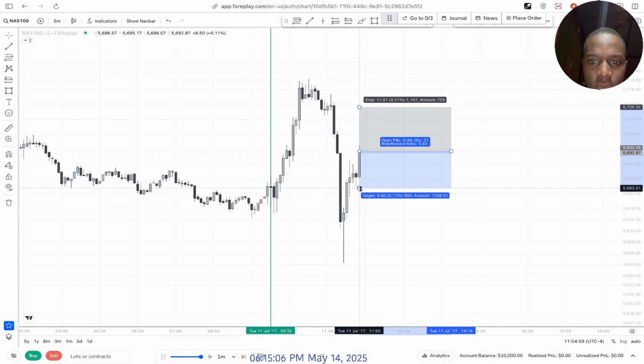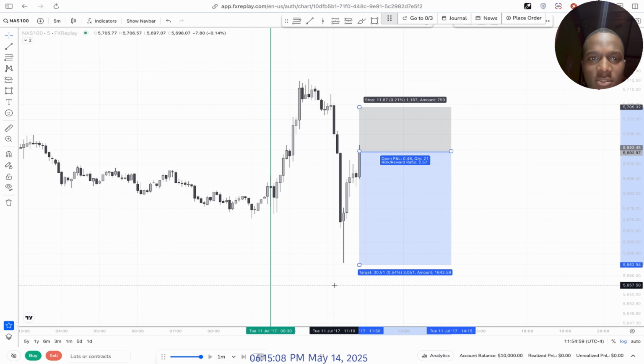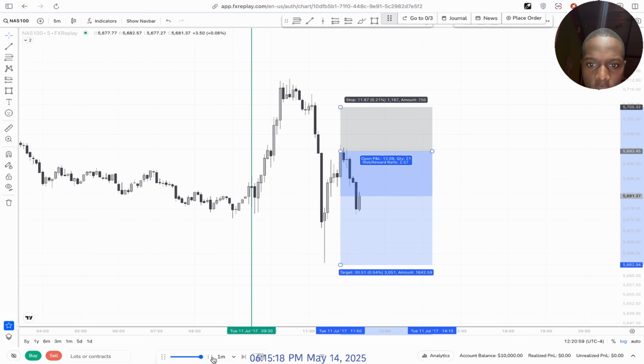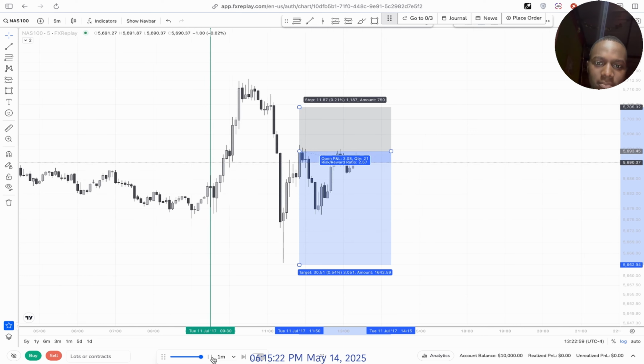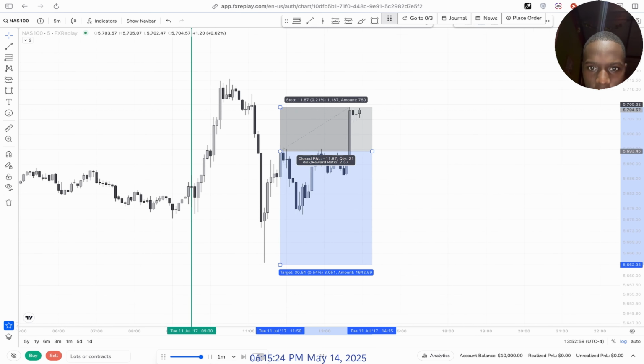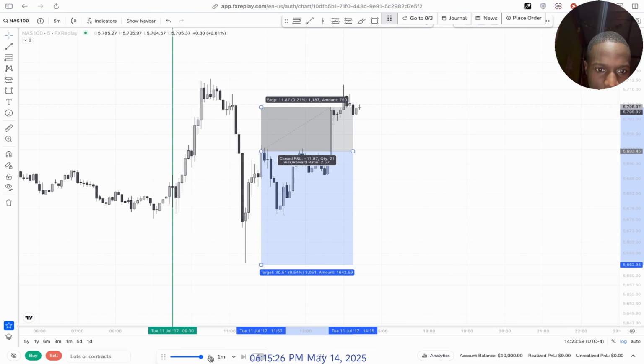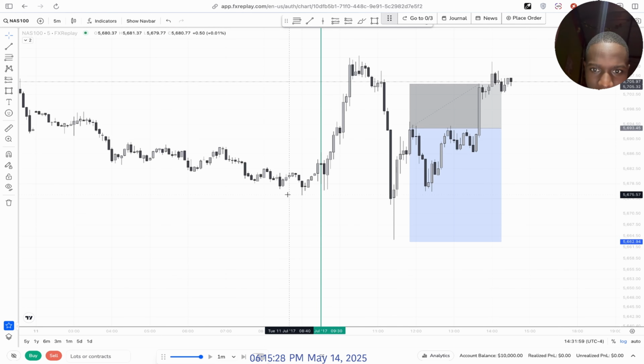Now I'm gonna target this level or even the lower one. Boom, stopped out. So looks like instead we had a sweep, fair value gap, and stopped out.